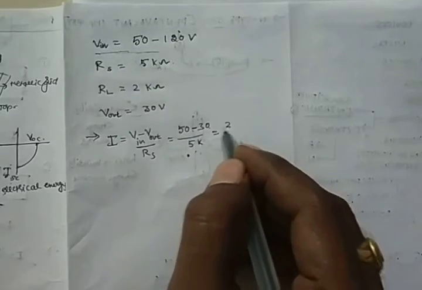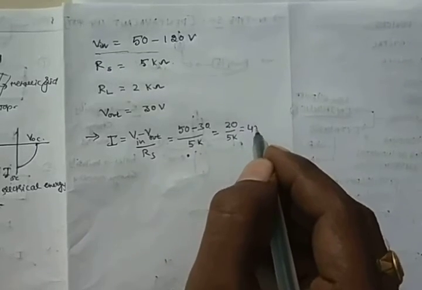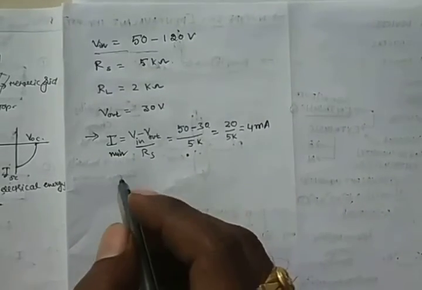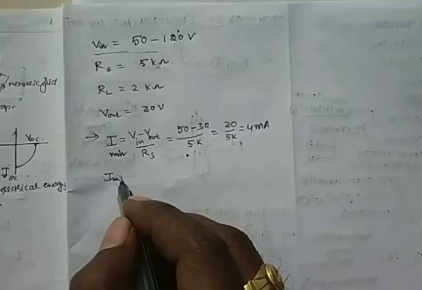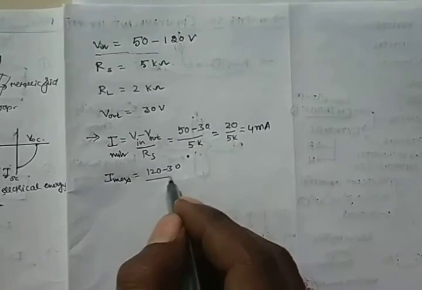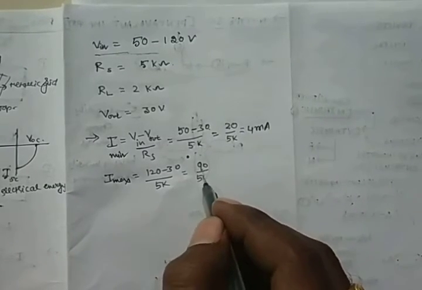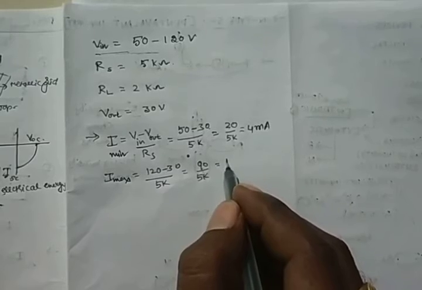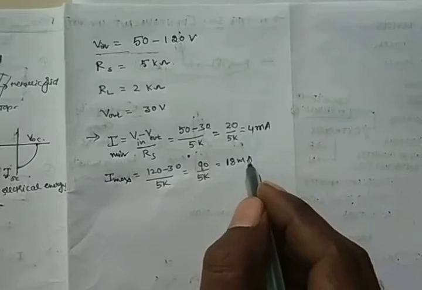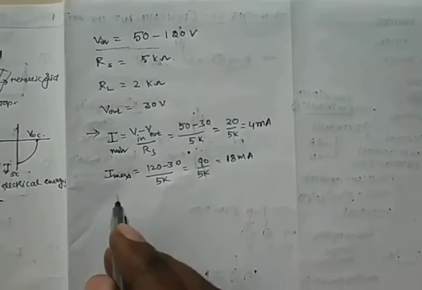So you will get 20 by 5K, which means 4 milliamperes is the minimum current through the circuit. To get the maximum current, 120 minus 30 by 5K means 90 by 5K, which is 18 milliamperes. These are the minimum and maximum currents in the circuit.